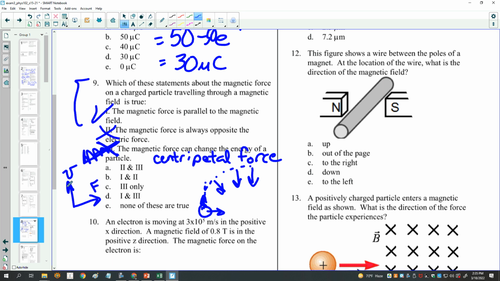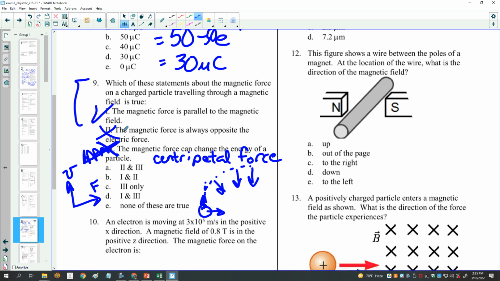That is, it's not going to increase the magnitude of its velocity. It is only going to change the direction of the velocity. So we saw that with centripetal forces, and we said that centripetal forces don't change the kinetic energy of an object. That's true here too. The reason it doesn't change is because it only changes the direction, not the magnitude of the velocity.